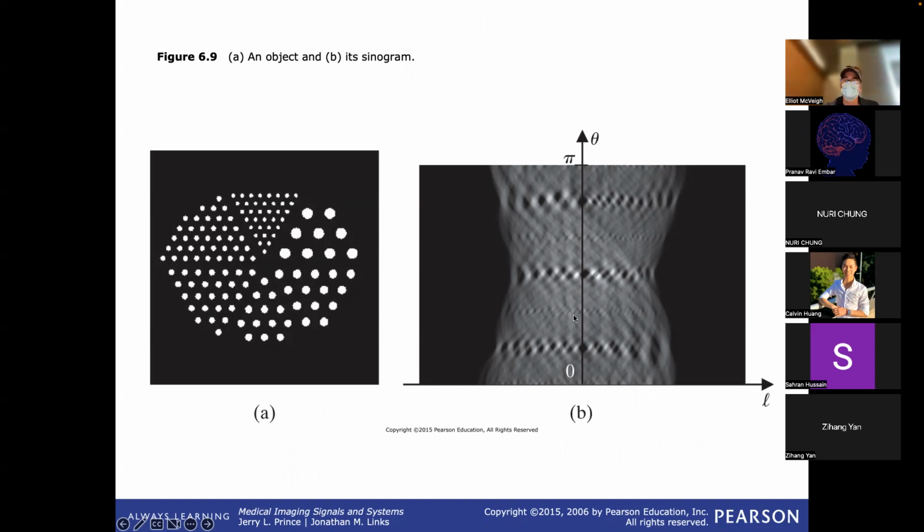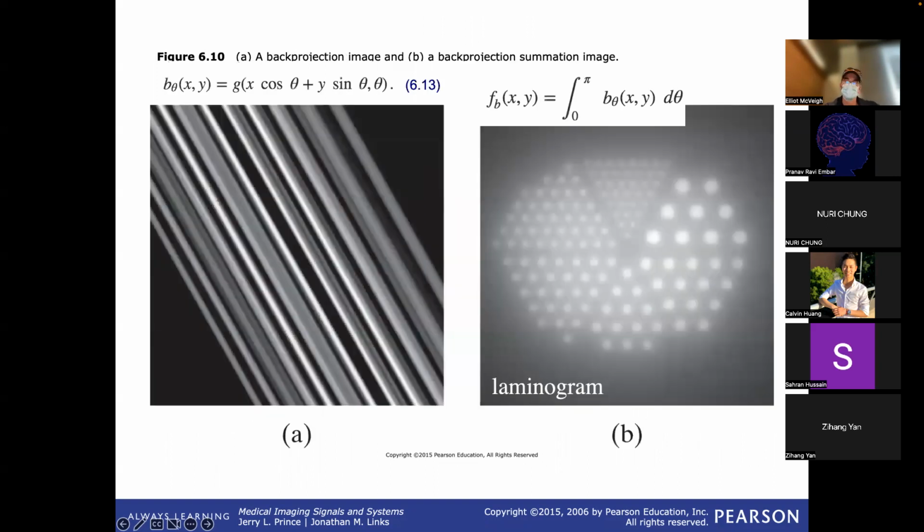And so you get something that looks like this. And as you can imagine, with a human, things get even more complex. So let's look at this object and what it looks like when we do the naive back projection.